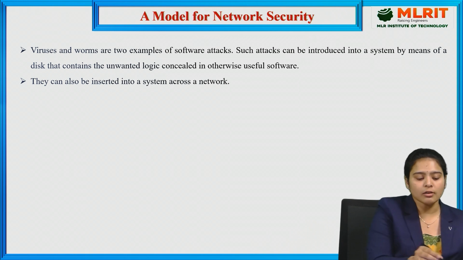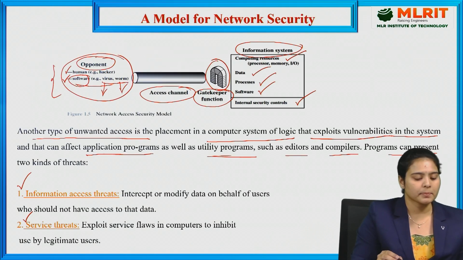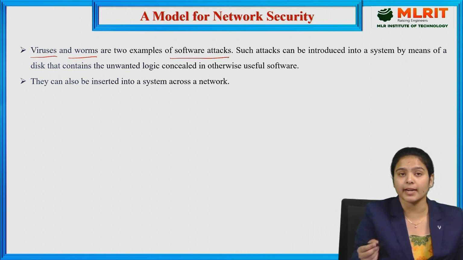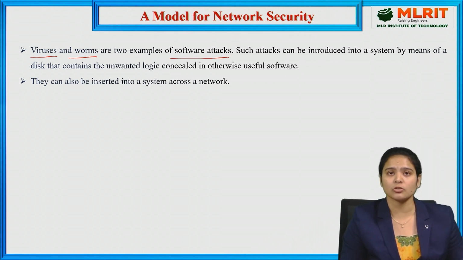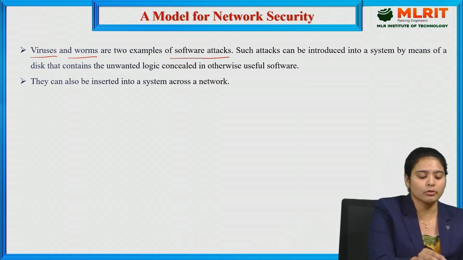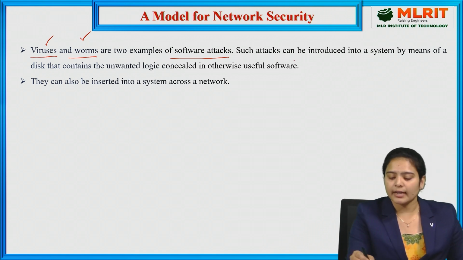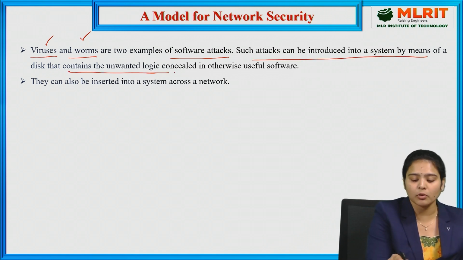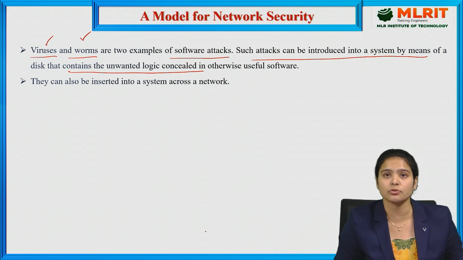And also virus and worms. We have discussed in the previous slides what a virus and a worm are, and these 2 are also examples of software attacks. In most software malware attacks, the main ones are virus and worms. Such attacks can be introduced into the system by means of unwanted logic concealed in otherwise useful software.